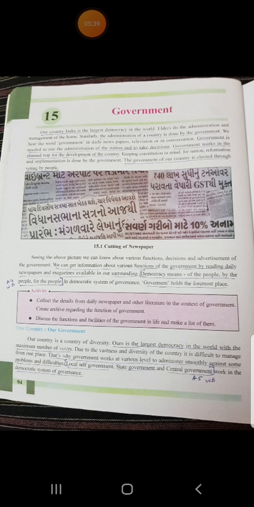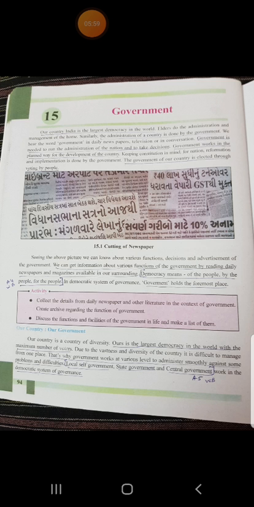Local self-government, state government and central government work in the democratic system of governance. So the democratic government works at three levels: local self-government, state government and central government.